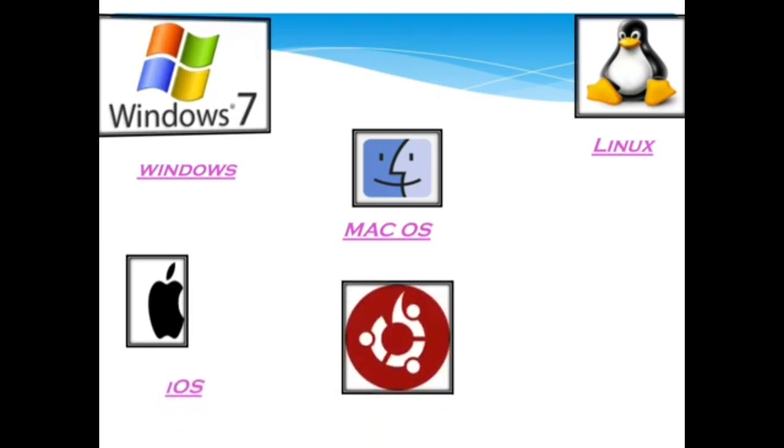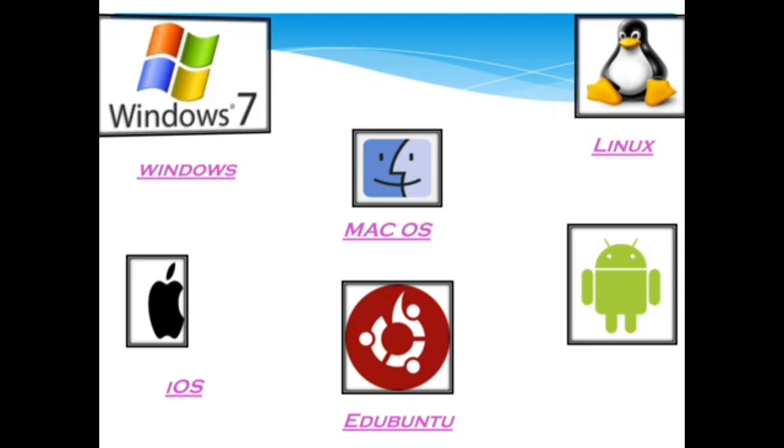The next one is Ubuntu. Mostly it is used for educational purposes. It is the Ubuntu OS icon. The last one is the Android icon. We are using it in our mobiles, no?